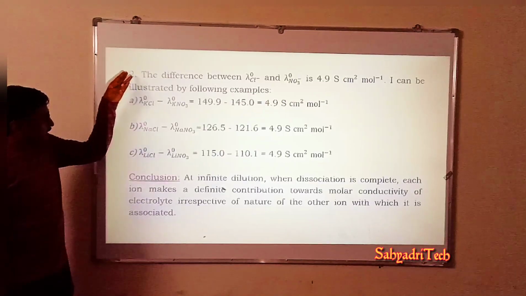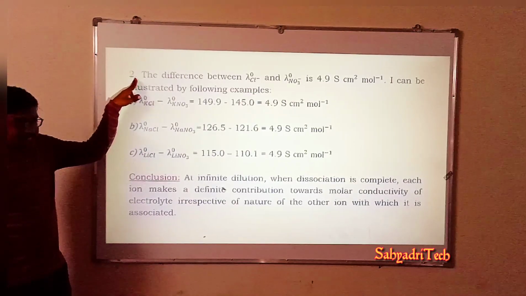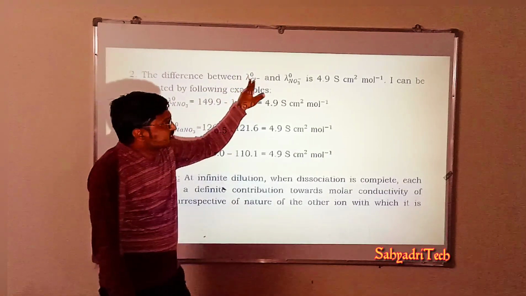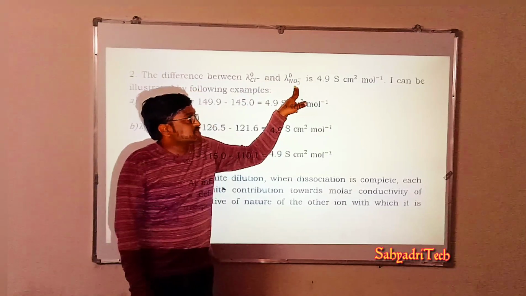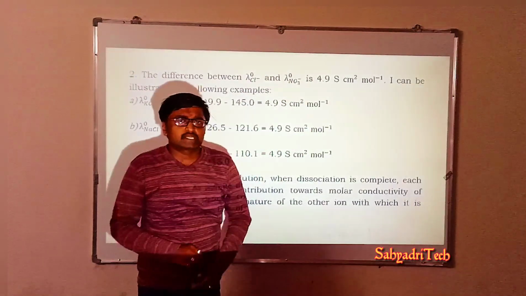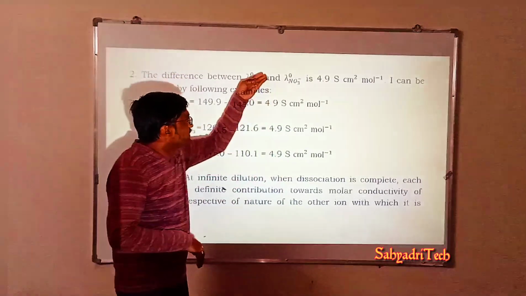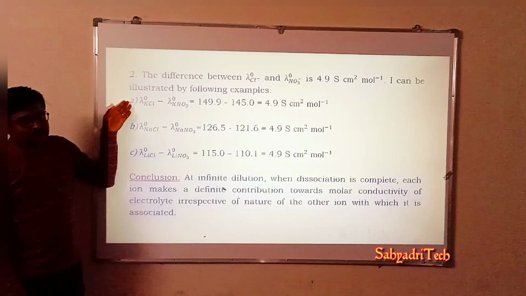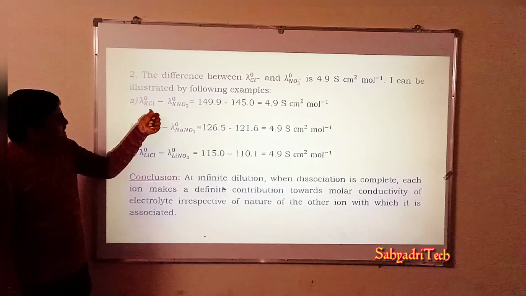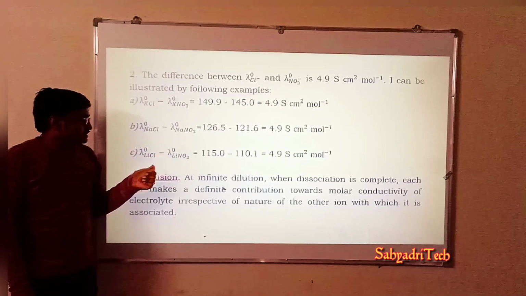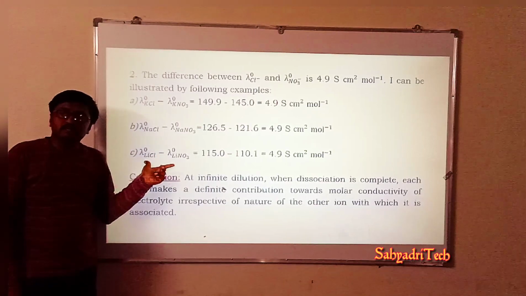Similarly, in the second illustration, the difference between lambda naught of Cl- and lambda naught of NO3- is always found to be 4.9 Siemens centimeter square per mole. It is observed by again considering different sets of electrolytes. The first set KCl, KNO3, the second set NaCl, NaNO3, and the third lithium chloride and lithium nitrate.